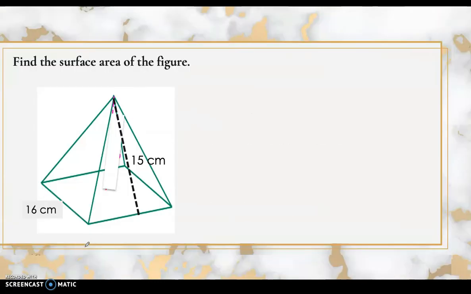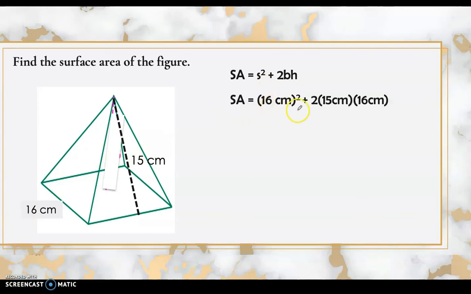We have here: find the surface area of the figure. The side is 16 centimeters, and since this is a square pyramid, we use the formula s squared plus 2bh. Then we substitute the given. So the side is 16 centimeters, squared, plus 2 times the base, which is 16 centimeters, and the height is 15 centimeters.